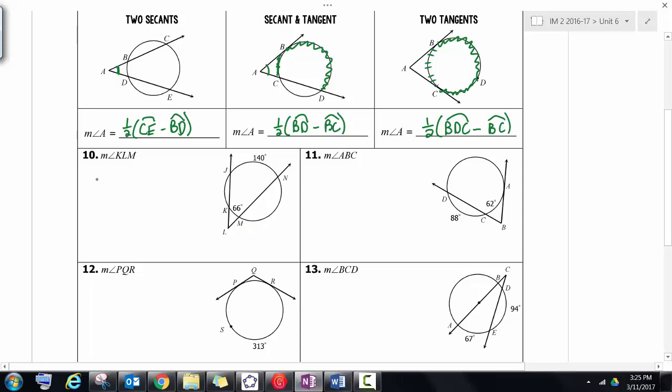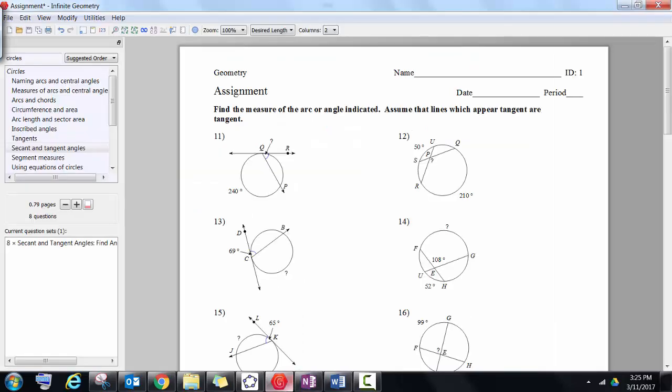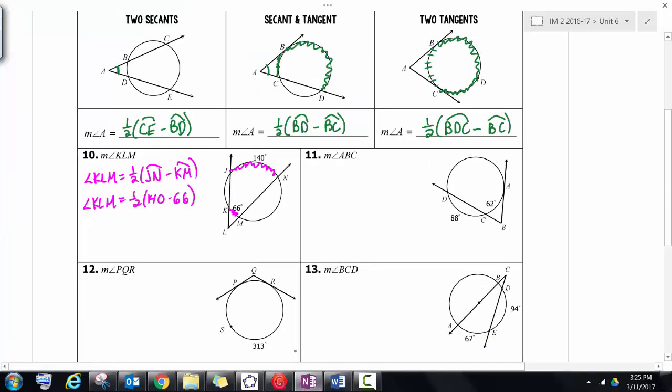So angle KLM, and I'm just going to write out my formula, is equal to 1/2 of arc JN minus KM, because those are the two arcs that are cut off by them. So angle KLM is equal to 1/2 of 140 minus 66. 140 minus 66 is 74.